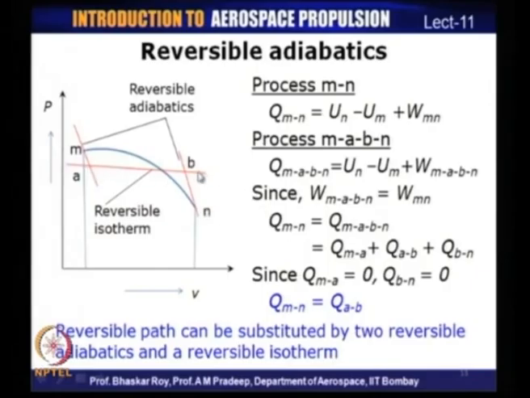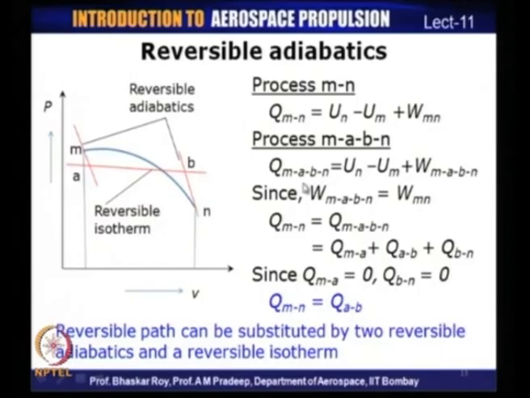Now, for this path, before we apply the first law of thermodynamics, let me mention that when we create this replacement for the reversible path, we make sure that the net area under the reversible path, which is known already, is also equal to the area under this path here. So, the net area under the reversible path will be the same as the area under M A B n.